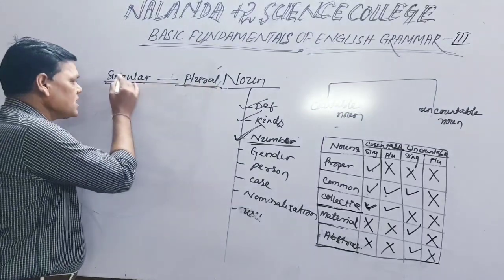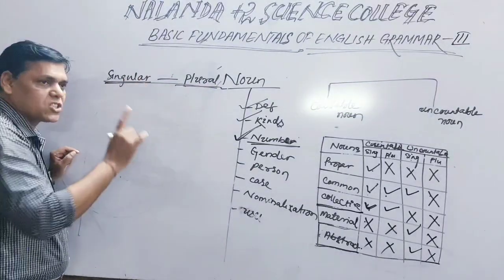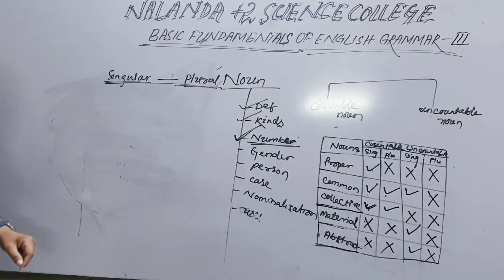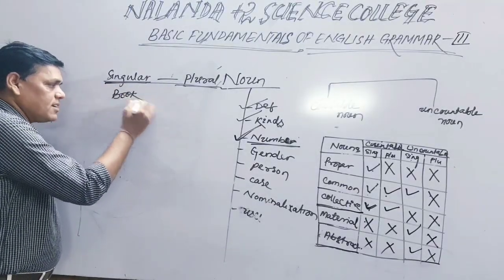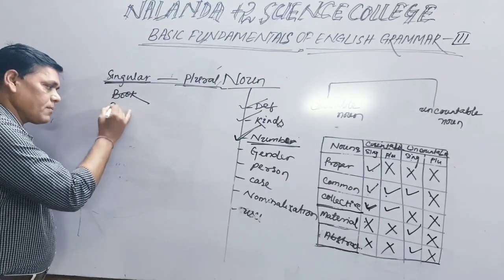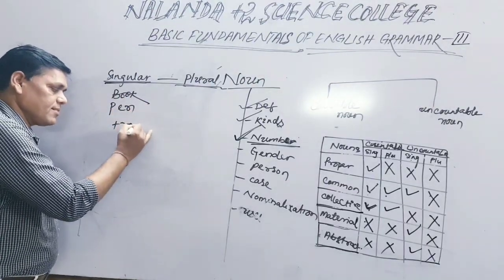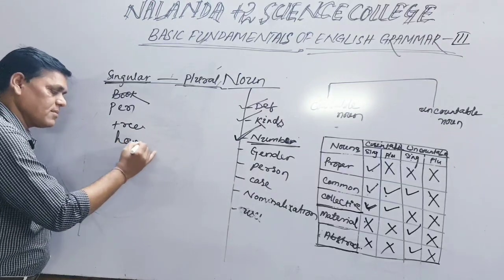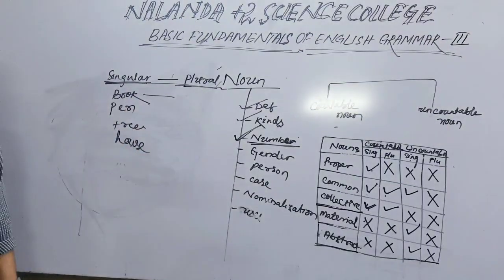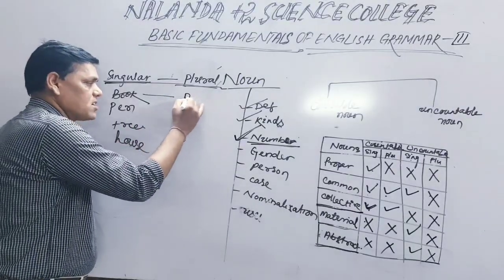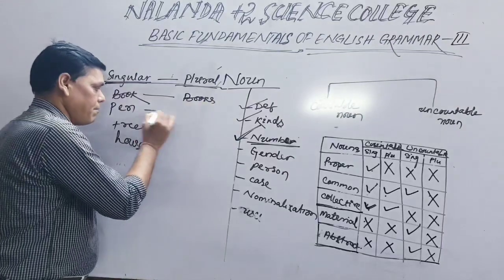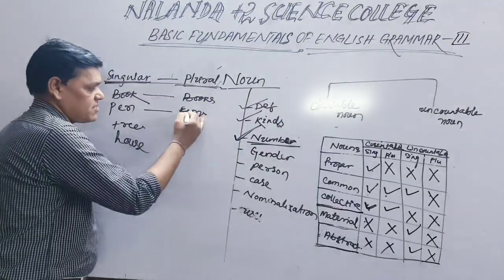What is singular number? If the noun suggests one in particular, it is called singular. If it becomes more than one, it is called a plural. From book, books. From pen, pens.